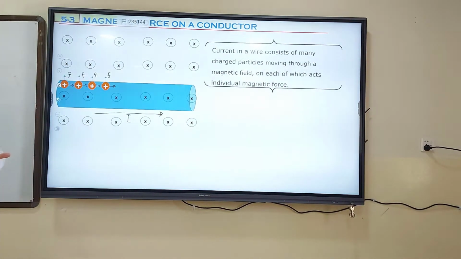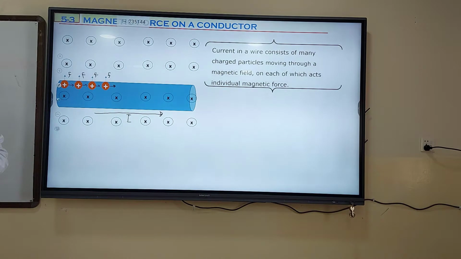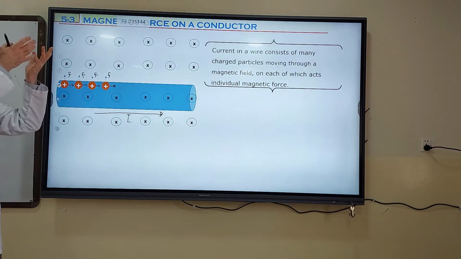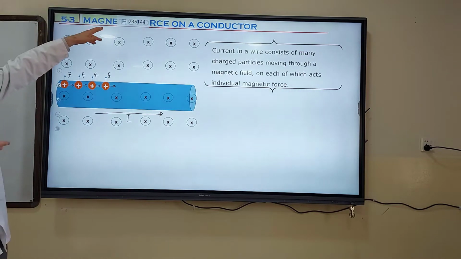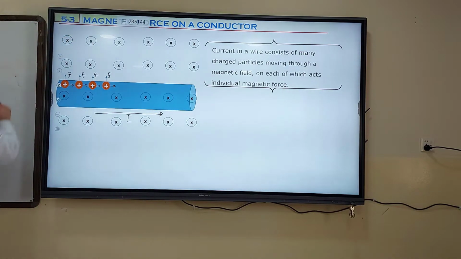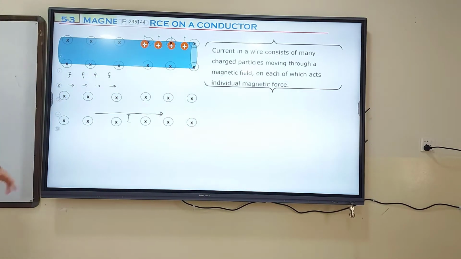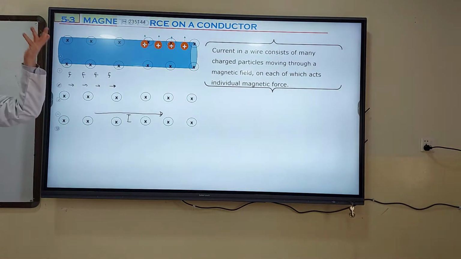So these charged particles are moving inside the conductor, and when they act with a force in the upward direction, they will push the wire upward. That's why the wire will start moving upward, up to the plane of the board. As these charges are moving, they will push this wire upward.